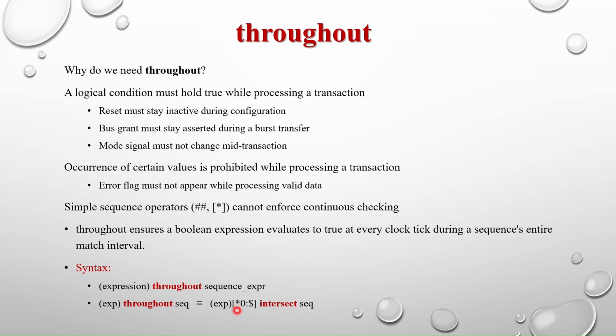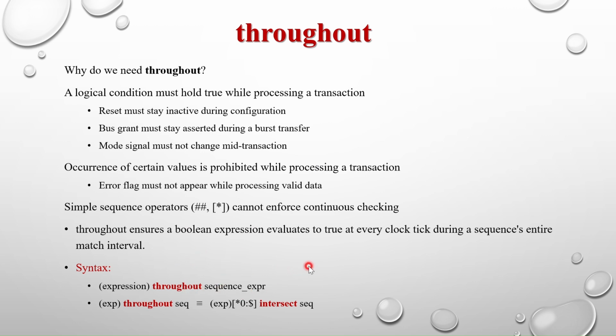That means the expression should be true and repeated for multiple clock cycles, where the length of the expression and the sequence must be the same, because we have used the intersect operator. What intersect says is that the length of both operands should be the same and both should match. So we can write expression throughout sequence this way also. Just remember the equivalent form. So this is about the throughout operator.